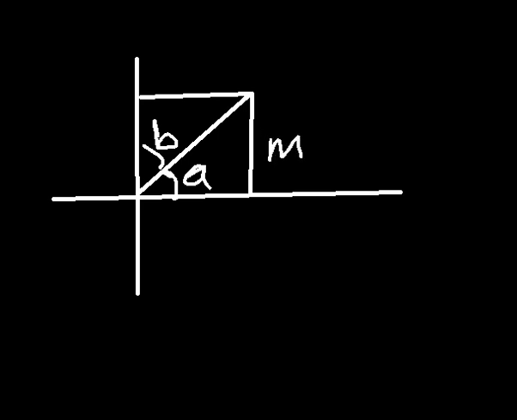Let's say this is the case, and assuming that this is angle A, then this is the angle B. Let's say this is M and this is A. This is a right-angled triangle, and this is also a right-angled triangle.